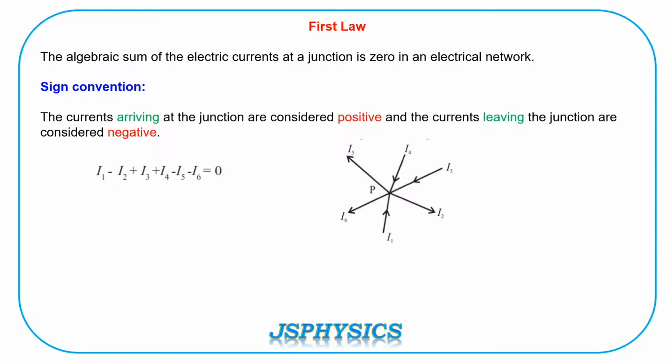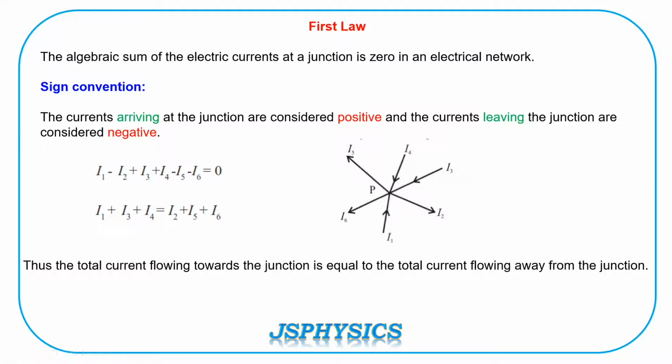Now what is the meaning of this? If I simplify the given equation, I can rewrite it as I1 plus I3 plus I4 is equal to I2 plus I5 plus I6. That means the total current coming towards the junction is equal to the total current leaving the junction.